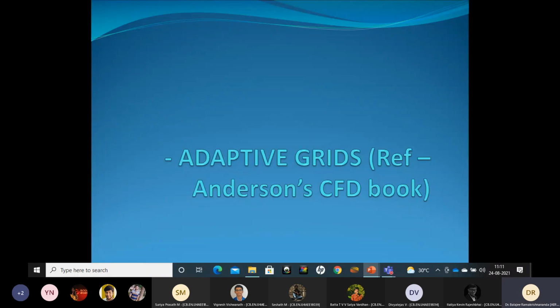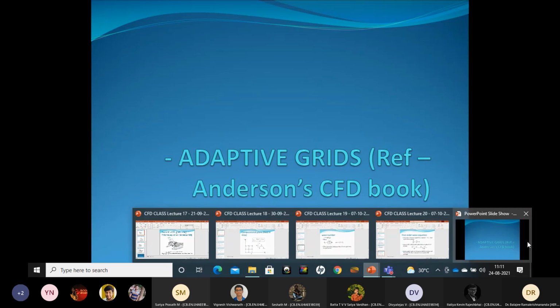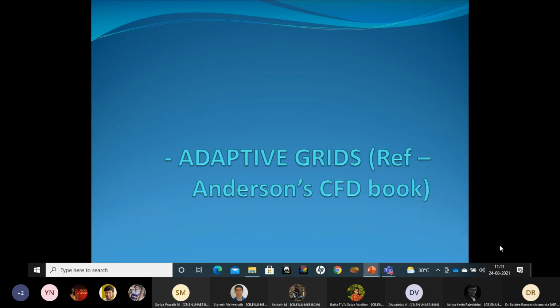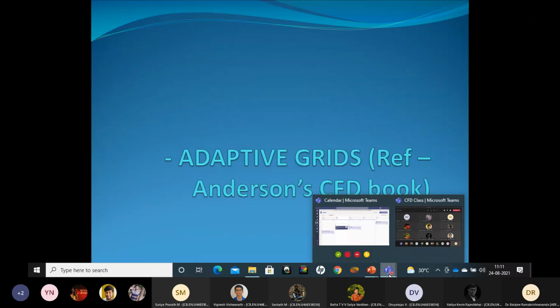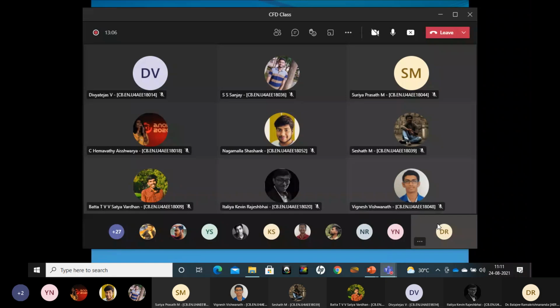Now I just want to give you an introduction to adaptive grids. Although we won't go deeper into adaptive grids, at least you know the philosophy behind adaptive grids, how they're used. Any doubts here so far? Any doubts, Shashank?